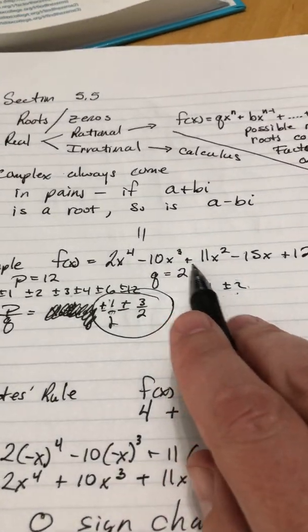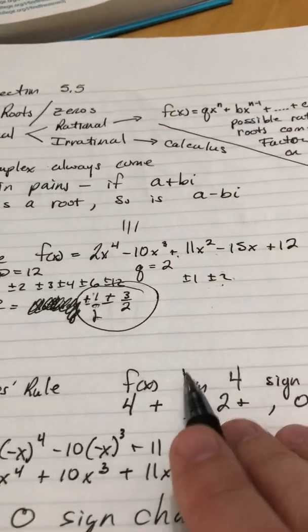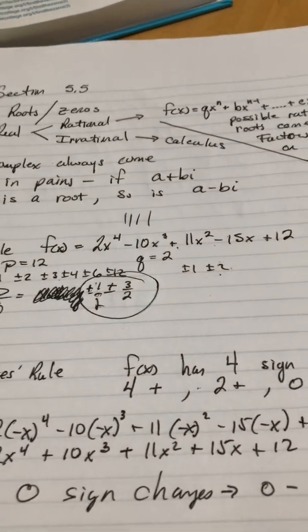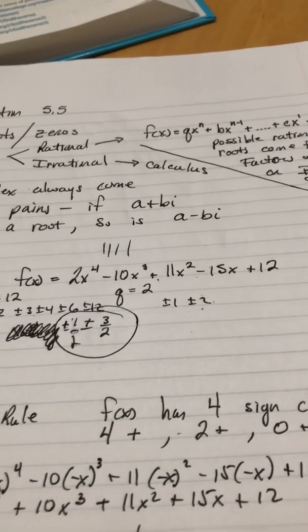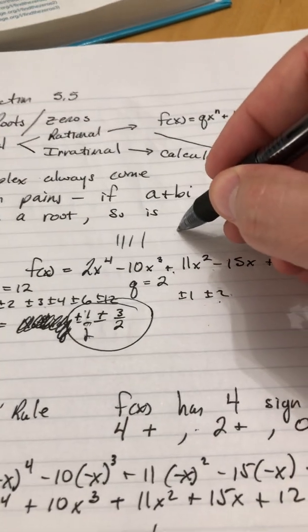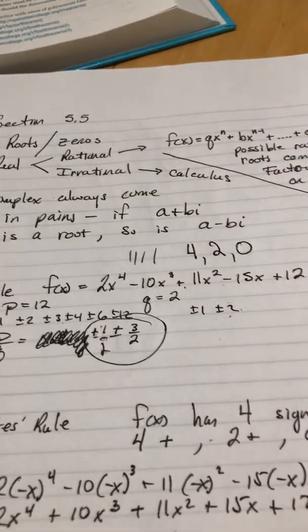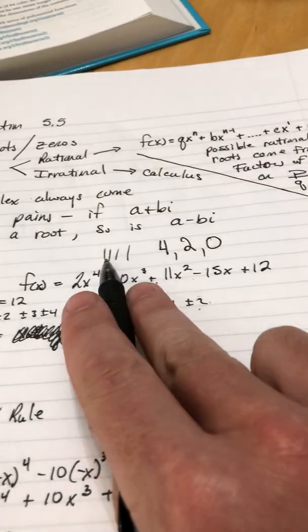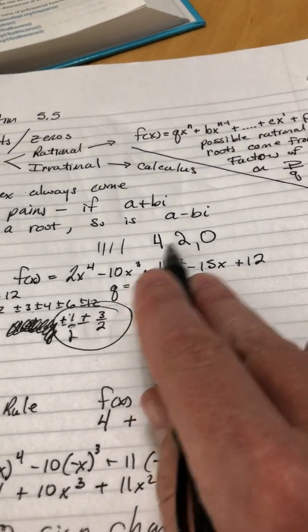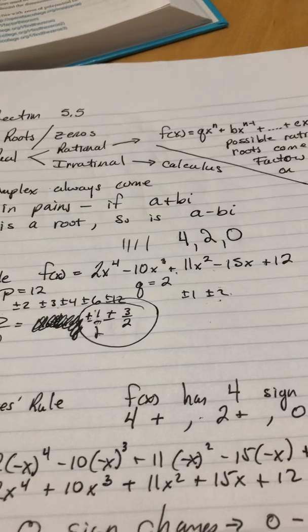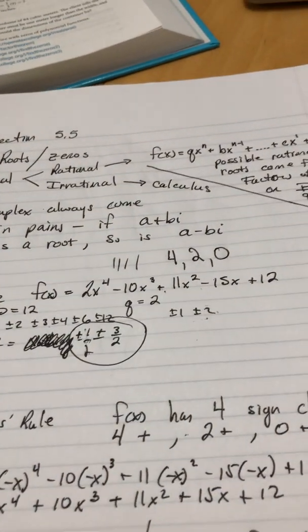Positive to negative is a third. Negative to positive is a fourth. You will have either 4 positives, or 2 positives, or no positives. It always counts down by an even integer.